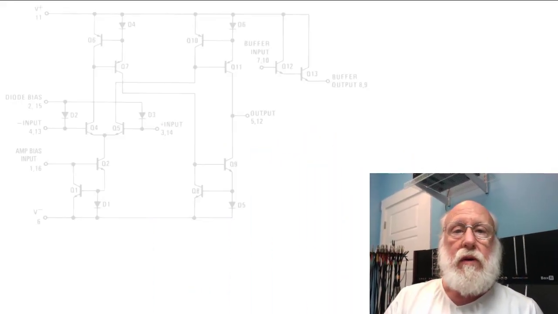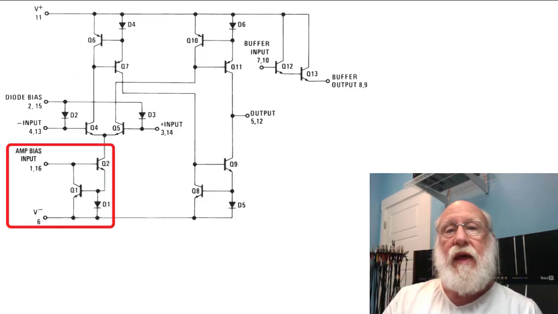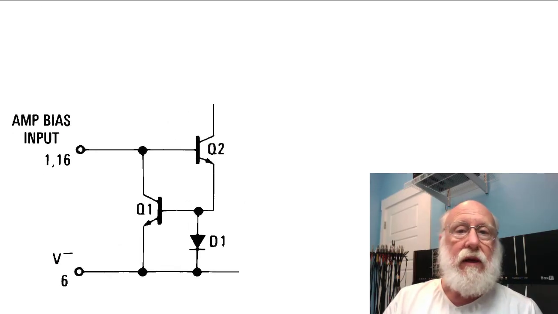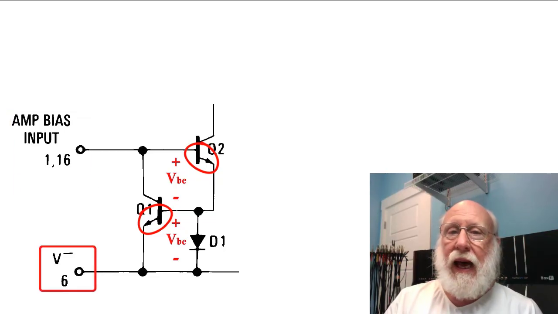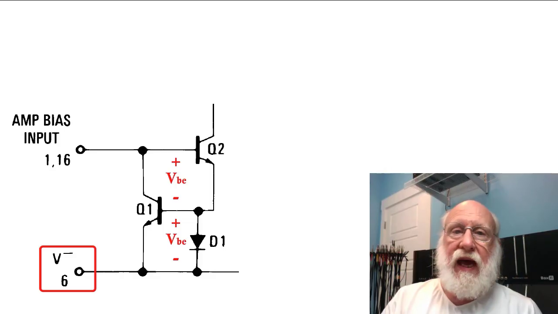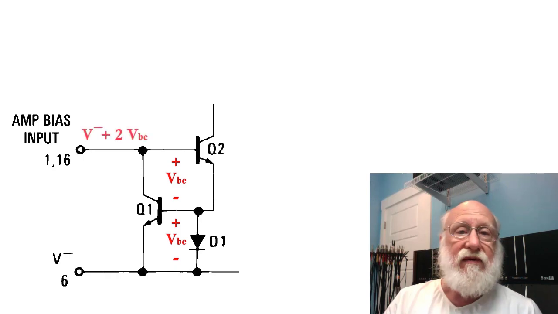First, if you look at the schematic of the LM13700, you will see that there are effectively two PN junctions from the amplifier bias input to the negative supply, meaning that the amplifier bias input is about 2 diode drops above your negative supply.